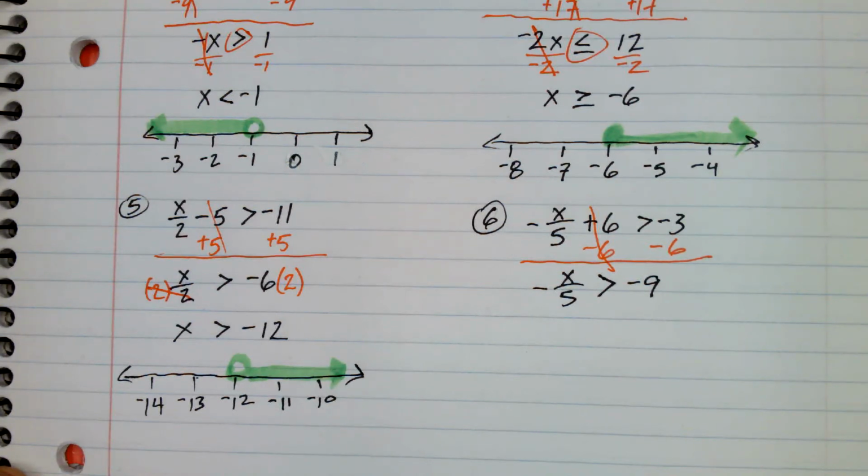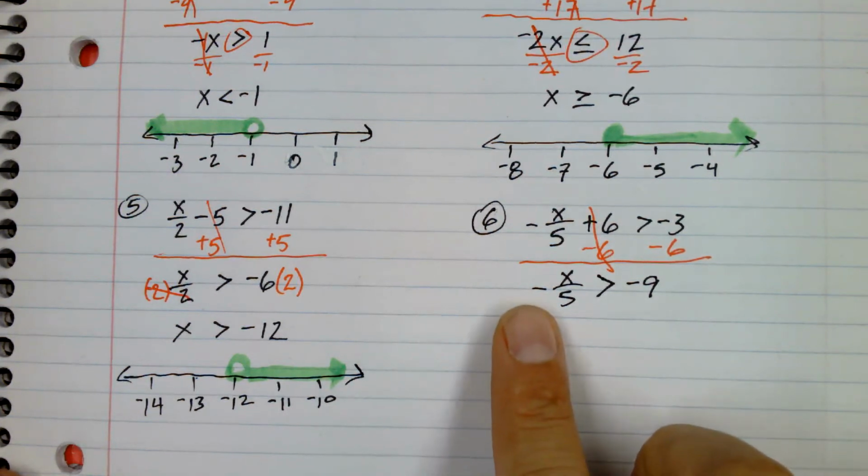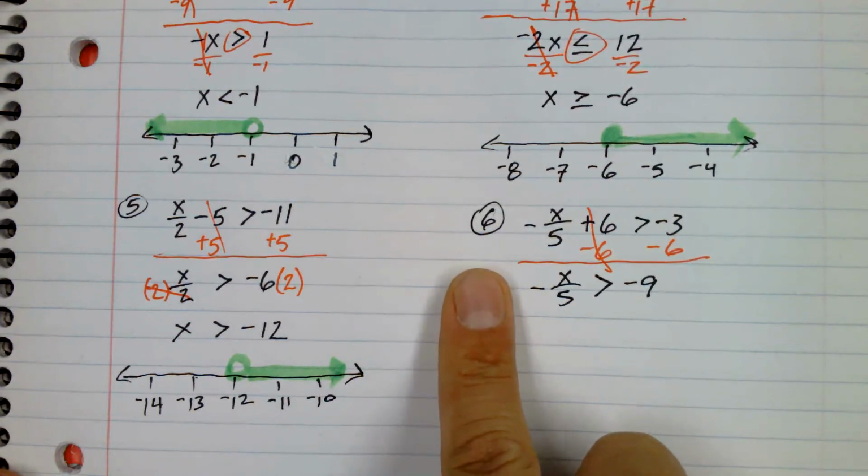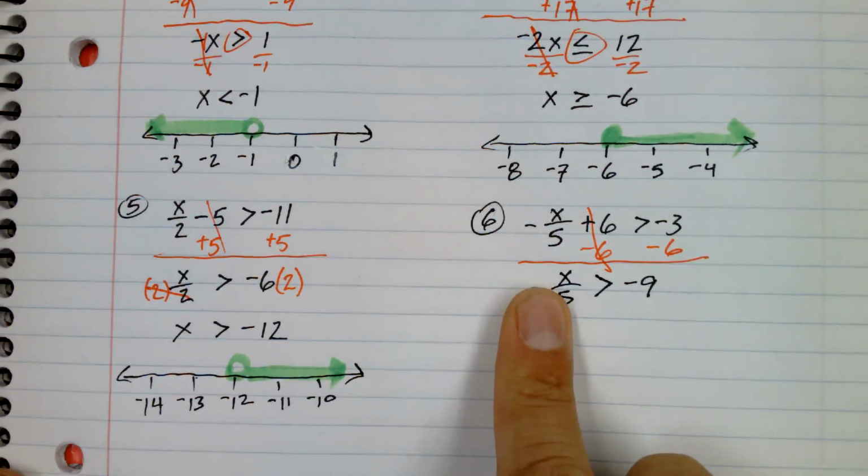Ooh, that's a good question. 5 or negative 5? Okay. Katrin says negative 5. Other people say 5, though. Let me see. If I multiply by a positive 5, I would have a positive times a negative.